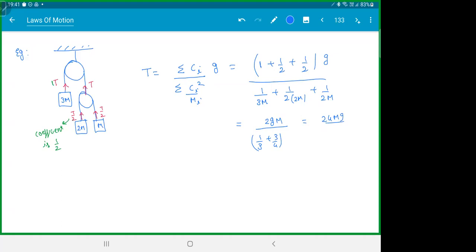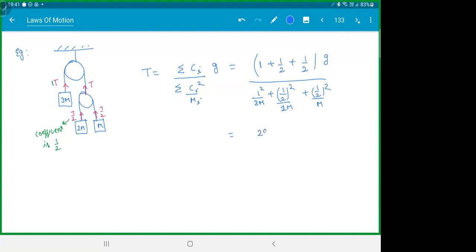Where did I goof up? Oh, sorry, it is squared. It was squared. So 1 squared by 3m plus 1 by 2 squared by 2m plus 1 by 2 squared by m.